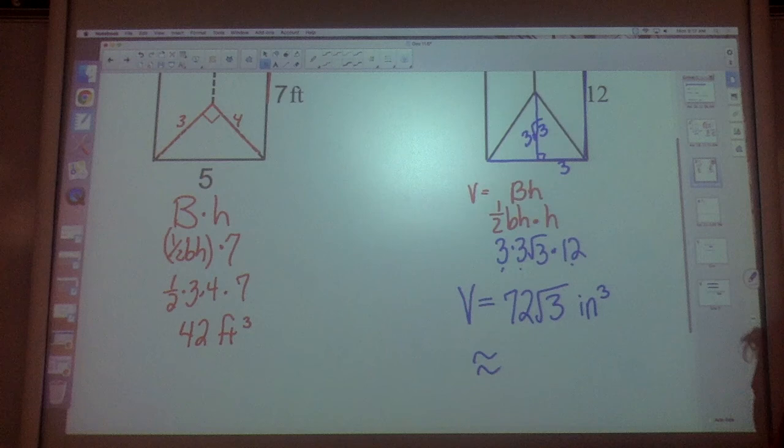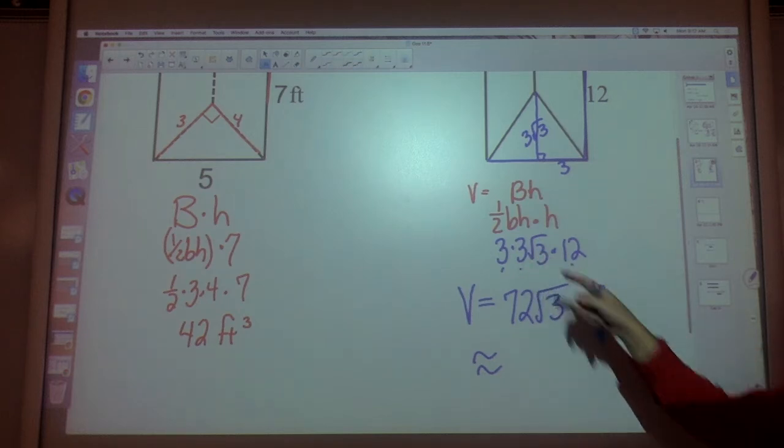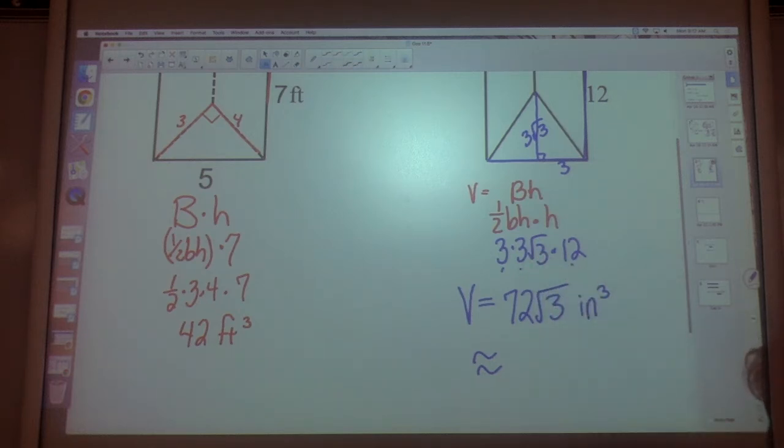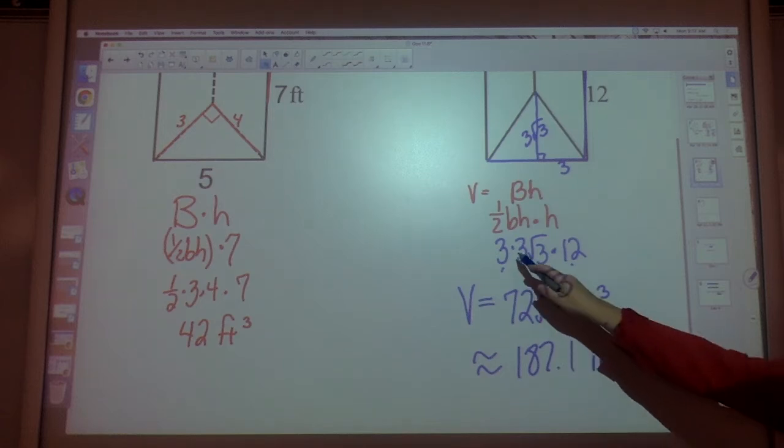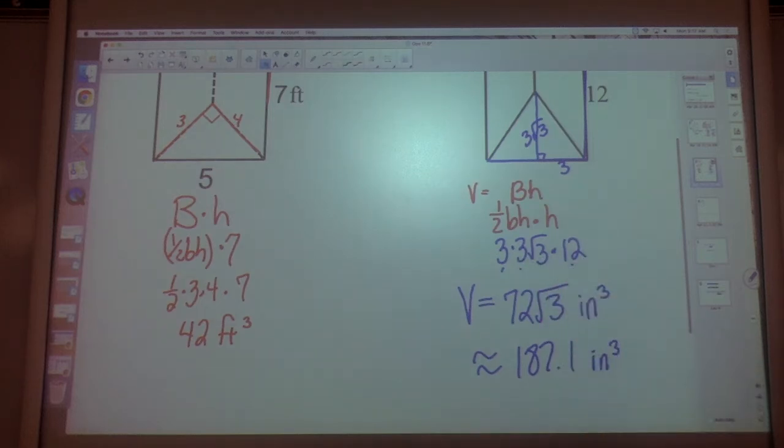What is that approximately? You would need a calculator for that. I'm going to take 3 times square root of 3 times 12 and find out that that's approximately 187.1. I took 3 times 3 times 12 times square root of 3.